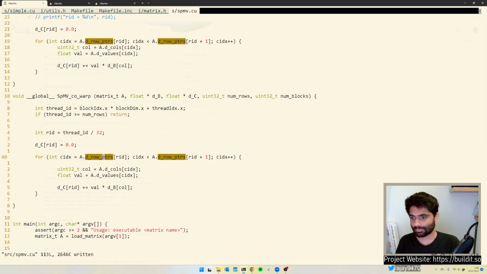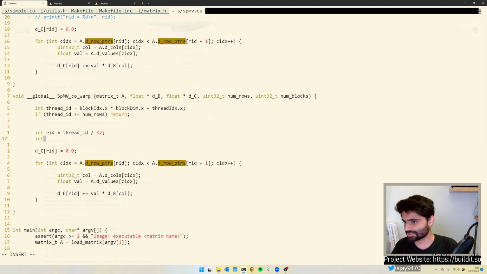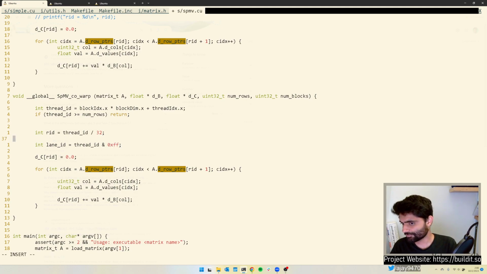Now within those, what we are currently doing is each thread starts from the edge number 0, goes up to the end of those non-zeros, and increases one by one. But instead of doing that, I'm also going to compute the lane ID. Lane ID is terminology we use to represent which thread you are in this warp. That's usually computed by taking the thread ID modulo 32, so it's basically the index of the thread within that warp.